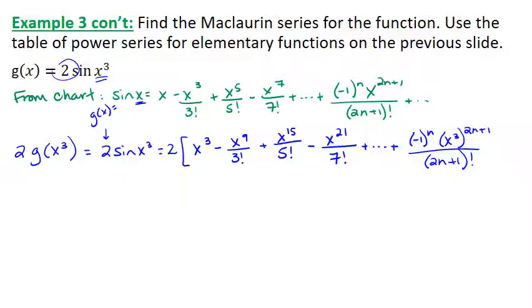Now, sometimes in these problems, you can come up with this formula. If you want to distribute this, you can. And then you can distribute this too if you want. Several different types of answers will be accepted.